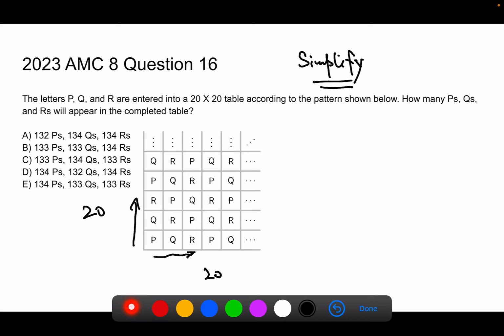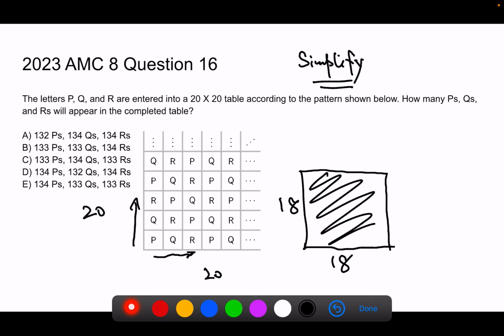That is telling me for this 20 by 20 matrix, I do not need to worry about the first 18 by 18. Because 18 is a multiple of 3, which means I take out or cut off this 18 by 18, I know it has equal amounts of P's, Q's, and R's. So in this 18 by 18, P equal to Q equal to R.